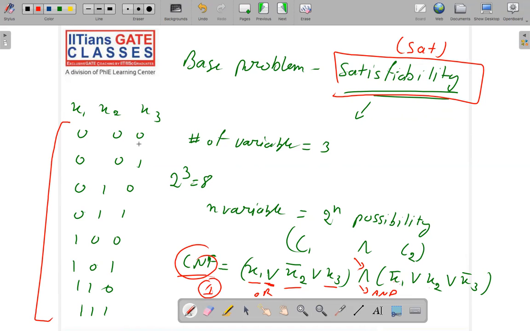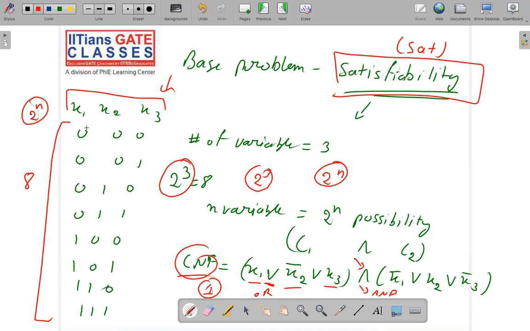Now, how many choices do you actually have? You have 2 raised to power n choices for n variables. For example, we have 3 variables, right? How many choices? 8 choices, 2 raised to power 3. If you have n variables, you will have 2 raised to power n choices.